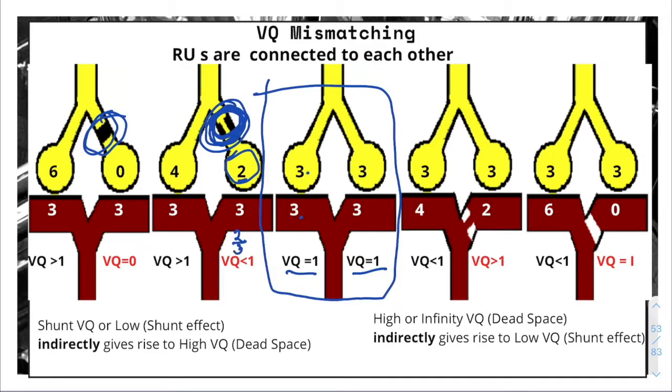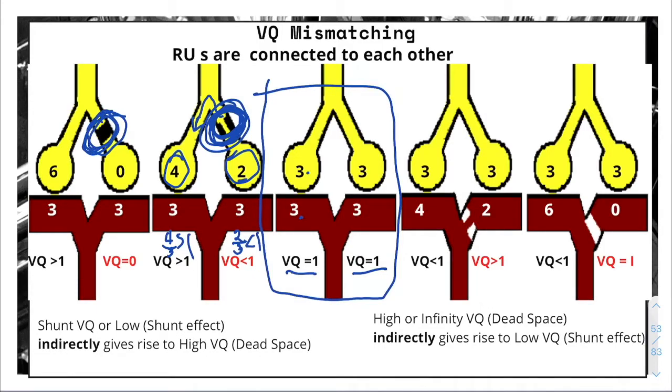So ventilation 2/3 is lesser than 1. So where did the 1 liter of gas go? The 1 liter of gas will go to the other respiratory unit. So this respiratory unit will receive 4 liters. So 4/3 is greater than 1.